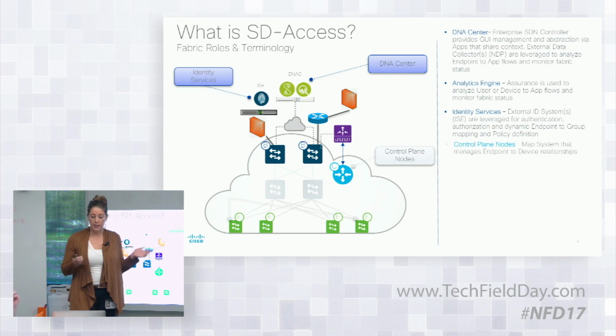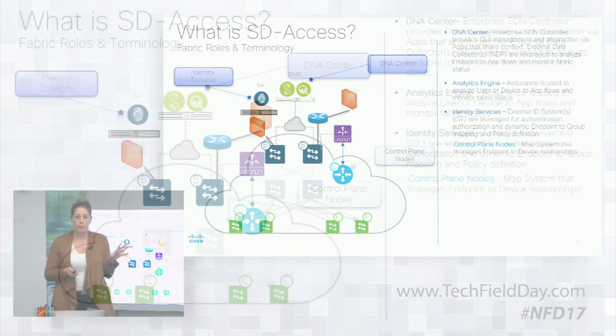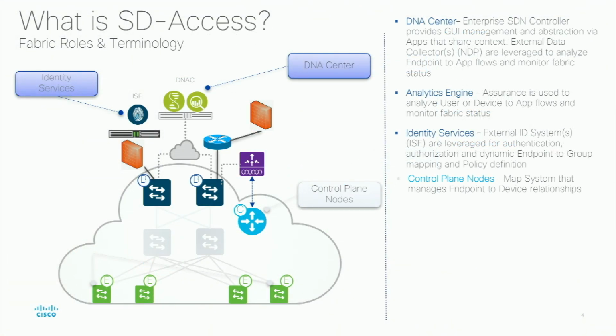So the components here, you guys all know, but I want to point out here, the firewalls are sitting outside of the fabric. We have our DNA center where we're doing all the automation. We're able to see all this visibility on how the network's doing. We have our identity services that is responsible for identifying who and what is on the network, and for giving the authorization correctly.